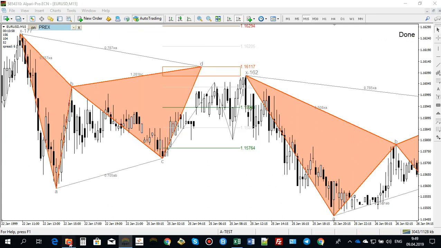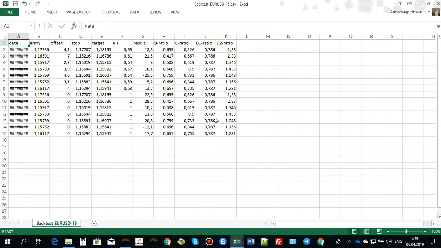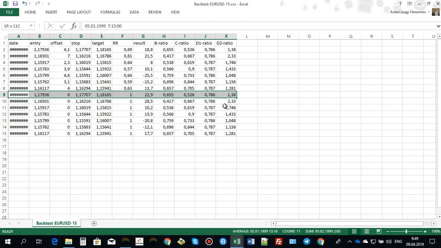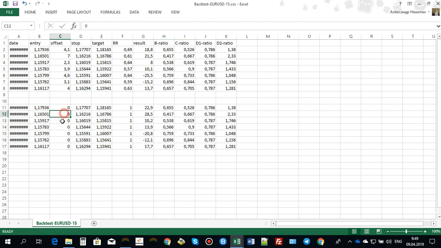So if we go to our output file, we will see that it did this. Offset equals 0. And if we compare without offset, it is 22.9, but with offset, the take profit is a bit less, 18.8. It automatically calculates the result, subtracting offset.